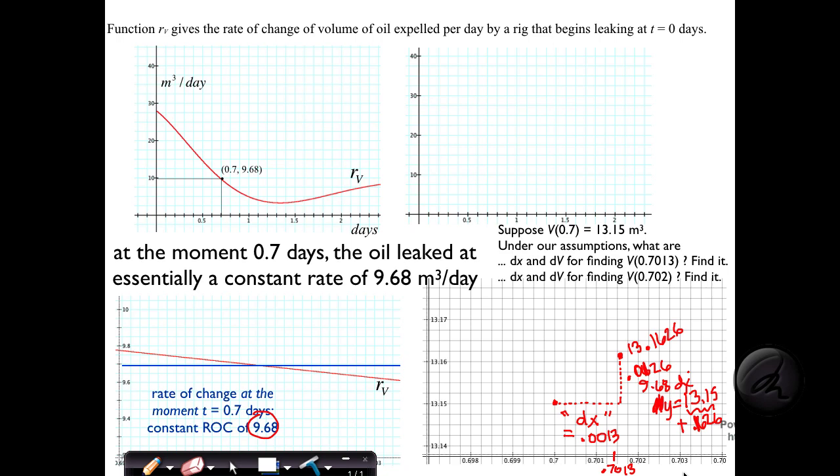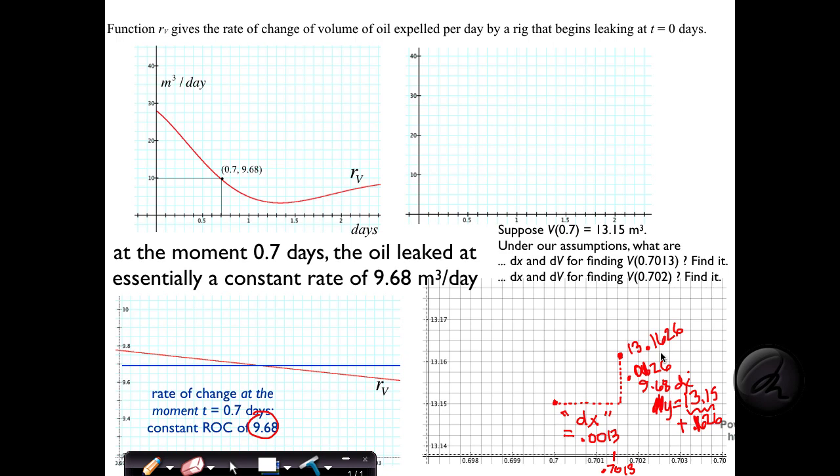Slightly larger, right? 0.702. You can do this a couple of different ways. You should get the same result. You could start from this point that you just calculated and increase by an additional 0.0007, right? Or you could again use the same initial value and increase by 0.002.